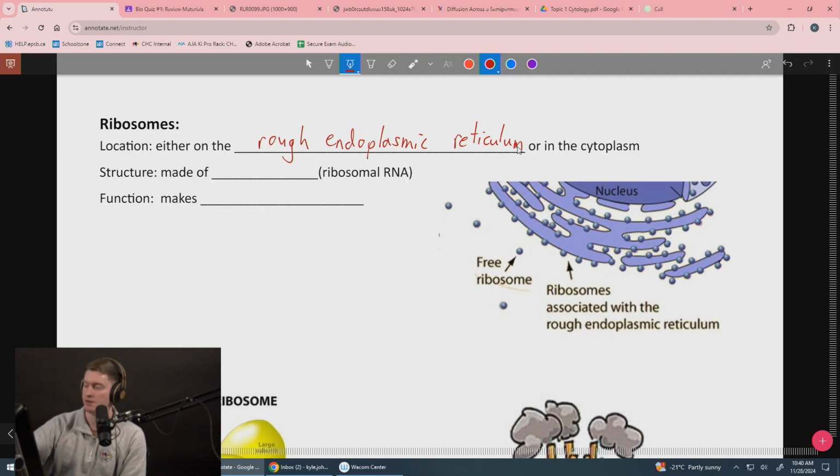They're made of a type of molecule called RNA, specifically ribosomal RNA or rRNA, but we don't care about that too much for Science 10. What we do care about is that ribosomes make proteins. Think of them as like little protein factories.